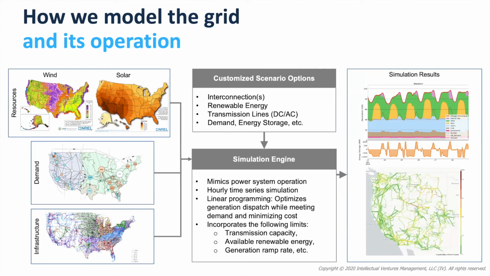So to study this problem, we have started building a model that basically replicates the power system operation. To do so, we first need some resources, some demand data, and an infrastructure. We were thankful to Texas A&M, who has built a synthetic network for the United States that we can use.